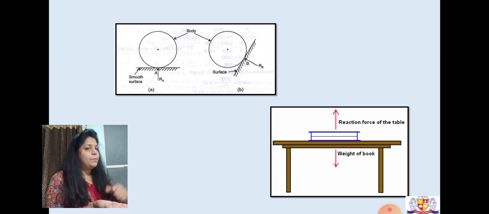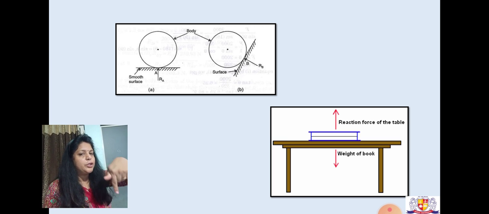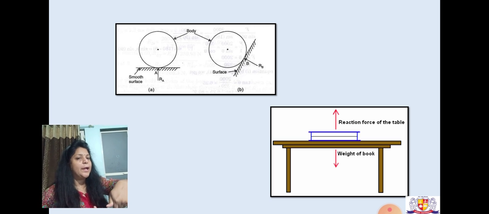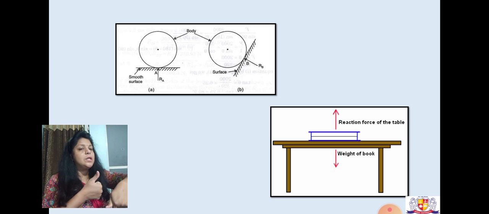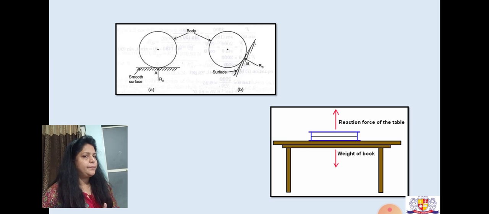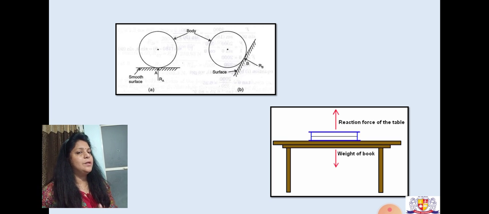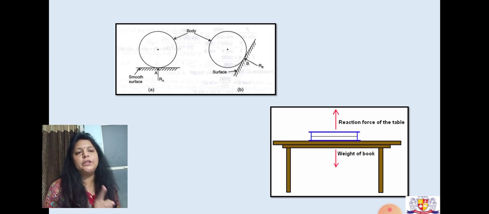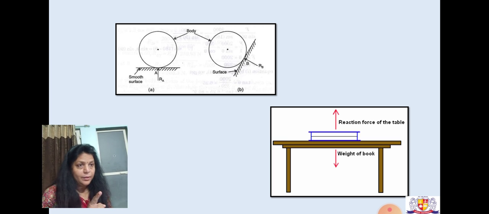So weight is in the downward direction, and the reaction is in the upward direction. The first important point is that the reaction is always produced in the direction opposite to the motion of a body.